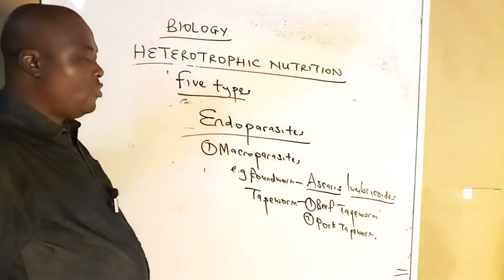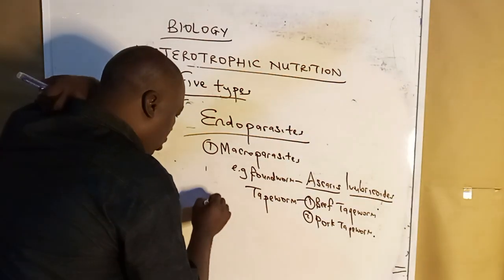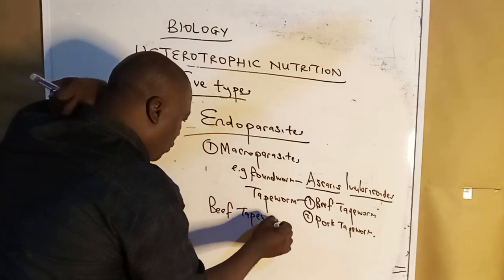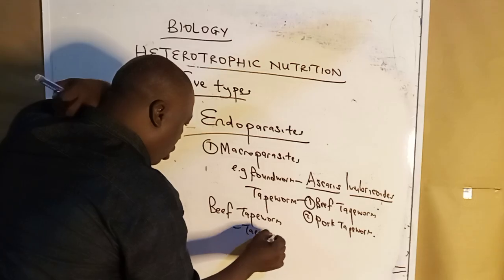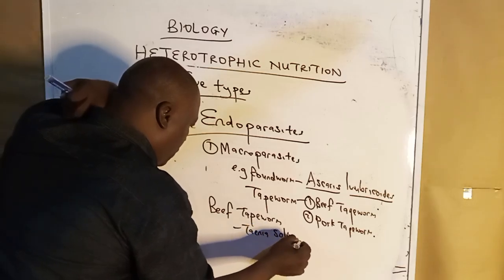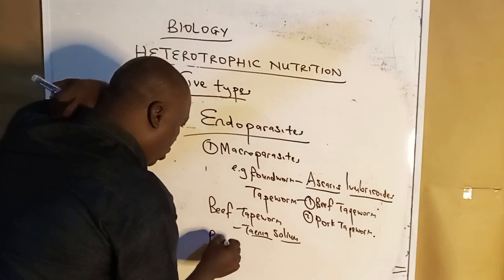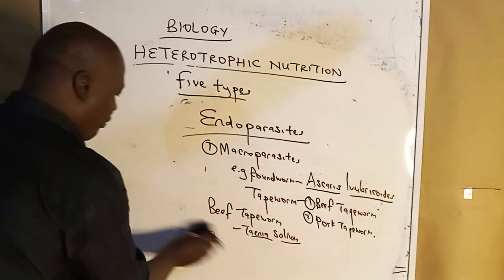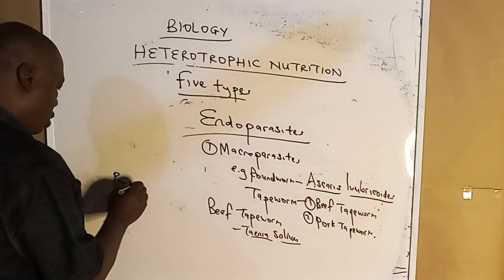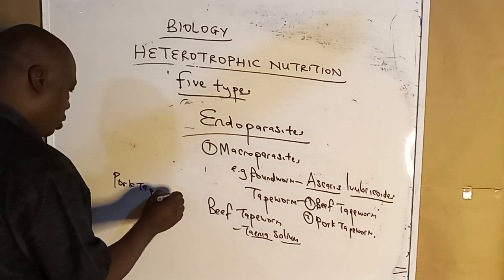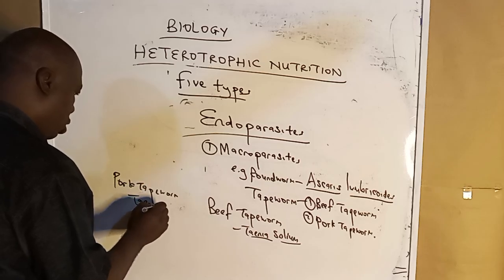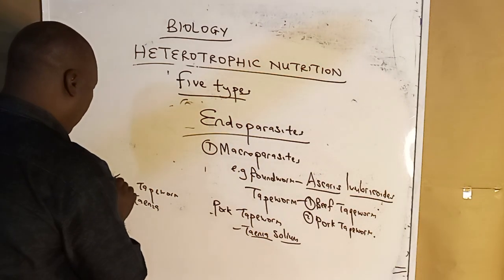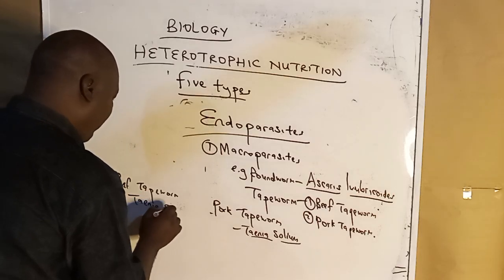The beef tapeworm is called Taenia saginata, while the pork tapeworm is called Taenia solium, found in pigs.